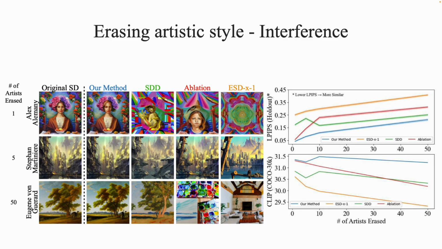In contrast, UCE minimizes alteration of unrelated concepts, and quantitatively UCE achieves the highest CLIP performance and lowest image similarity distance for such concepts compared to the original model. We can see qualitatively that UCE maintains high sample quality for untouched concepts while effectively erasing the edited style.